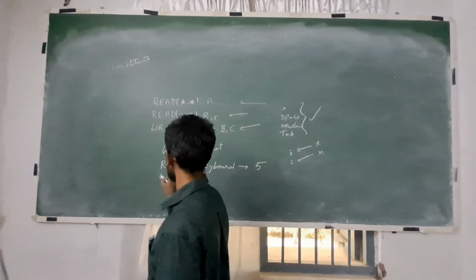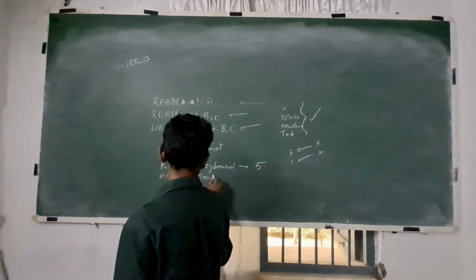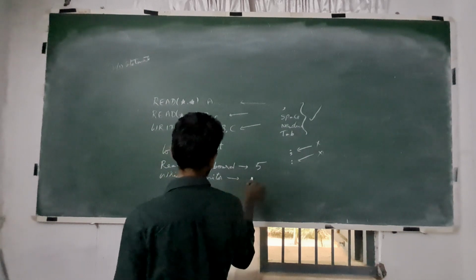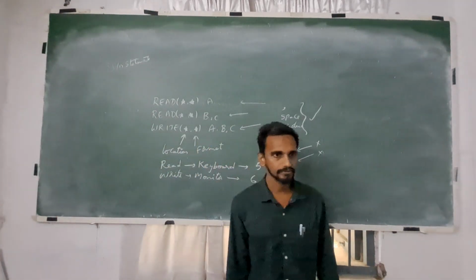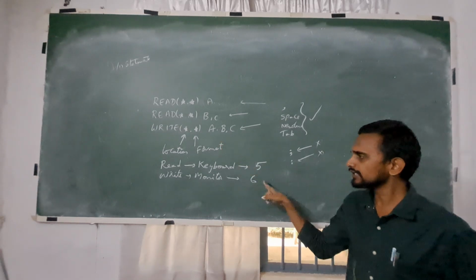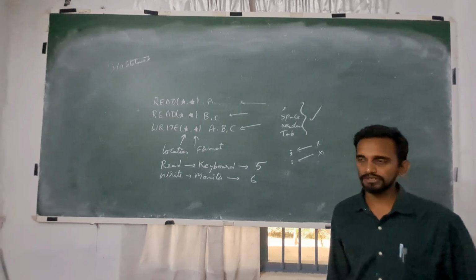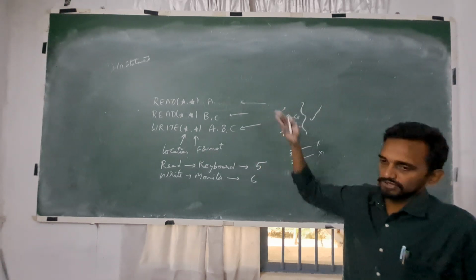The default location for write statement is monitor. The address assigned for that is 6. So if you write 6 comma star ABC, it will print onto the monitor. If you use any other address, you have to specify its location.